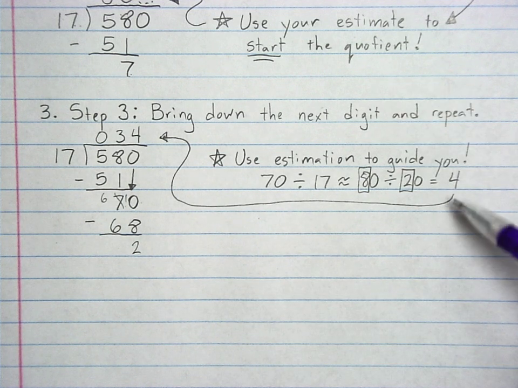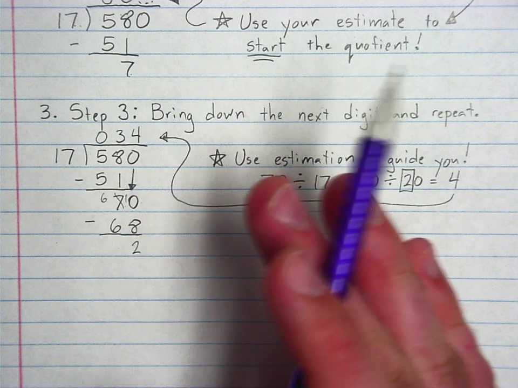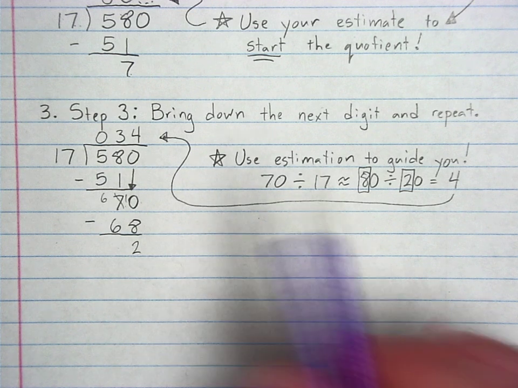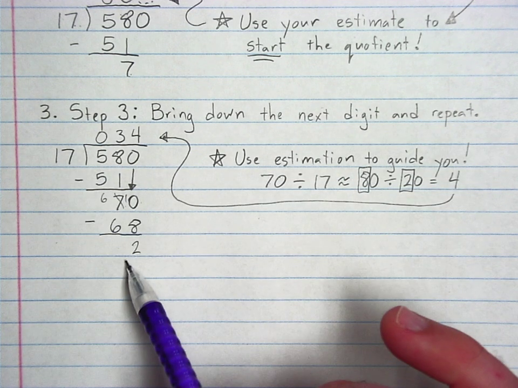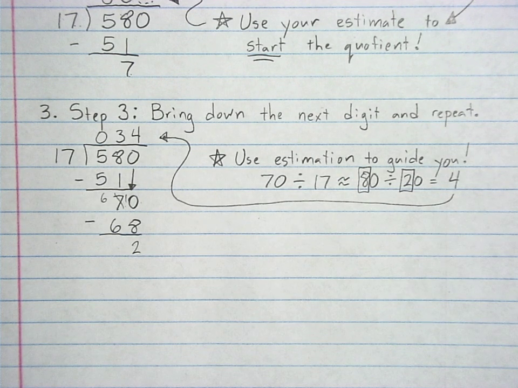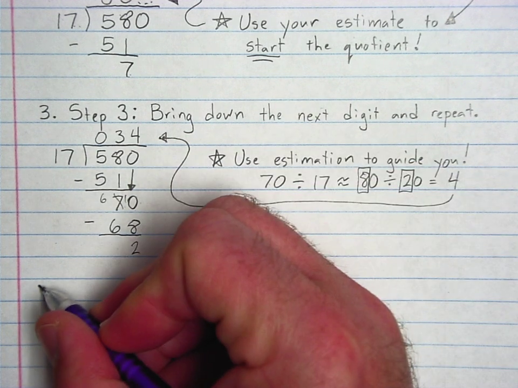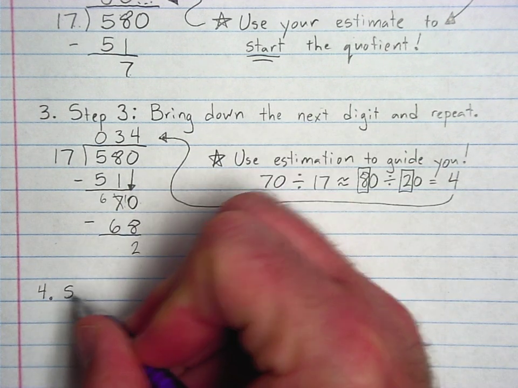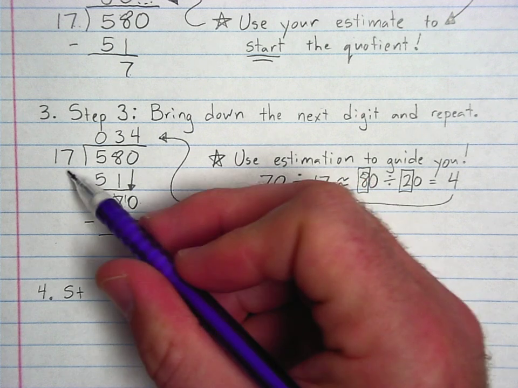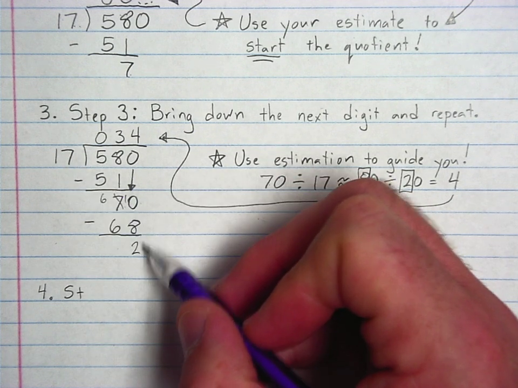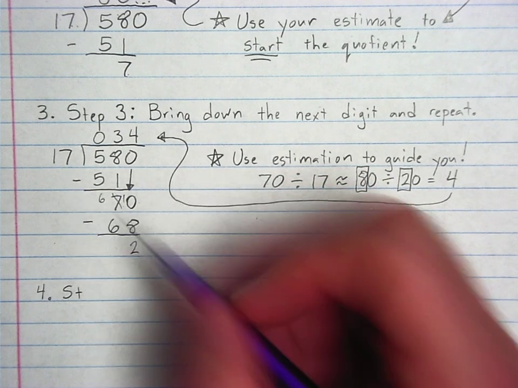If I had used 3 instead, it would have been a little bit bigger than the divisor. You would have had, I think, 19 down here, so we would have had to go through again. But since the divisor is bigger than the remainder, the remainder is smaller than the divisor.